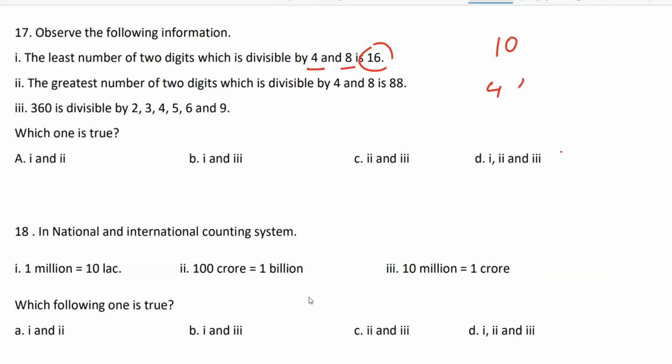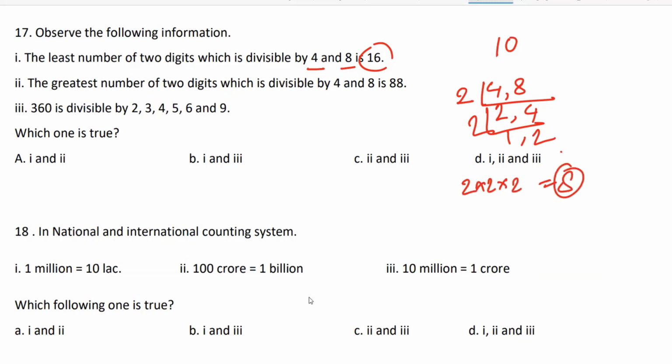First, find their LCM: 2, 2, 2 and 2, so the LCM is 2 multiplied by 2 multiplied by 2, which equals 8. Next, divide 10, the least 2-digit number, by 8. 8 ones are 8, and the remainder is 2.